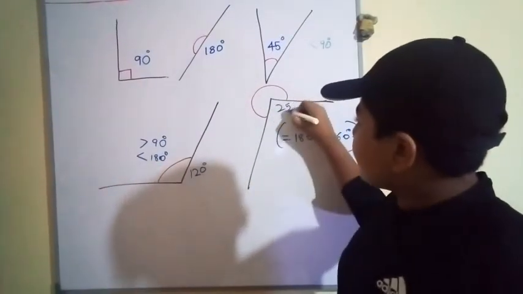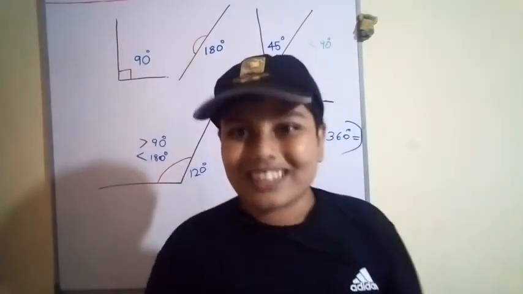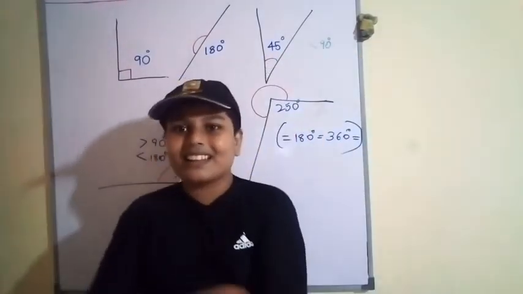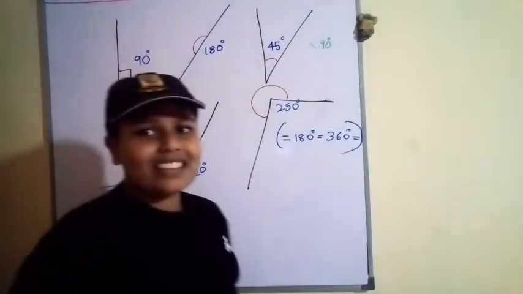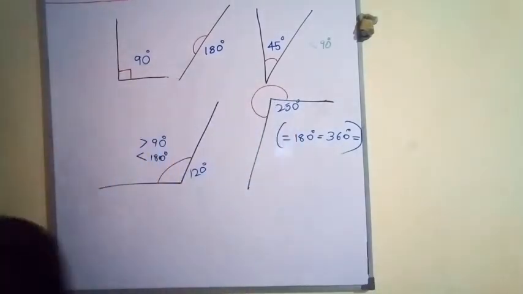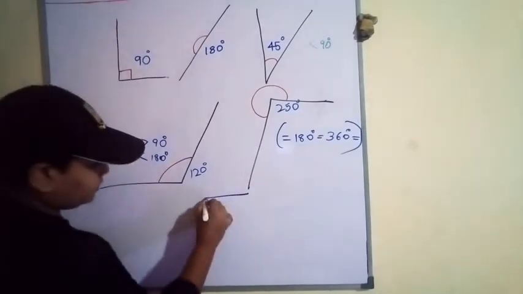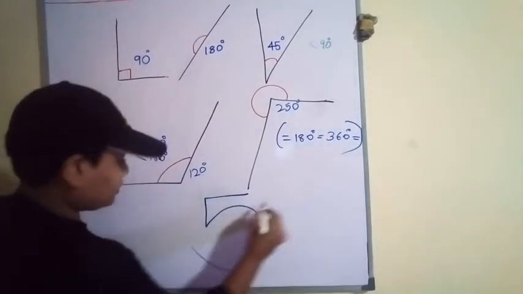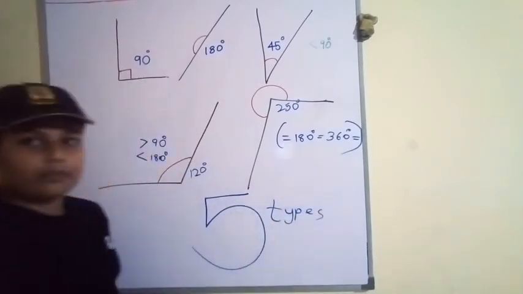This I can estimate as 250 degrees. Now that is the estimate. Now those are the types of angles. Five types, right?